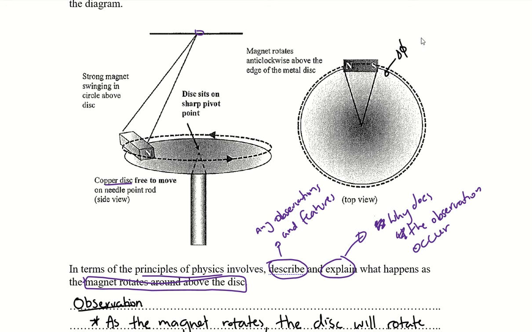And what we noted before is if there's a change in flux, there is going to be an induced EMF. And if we have an induced EMF, we are going to get some eddy currents, some induced currents, and those eddy currents are going to generate a magnetic field that's going to oppose the moving magnet.